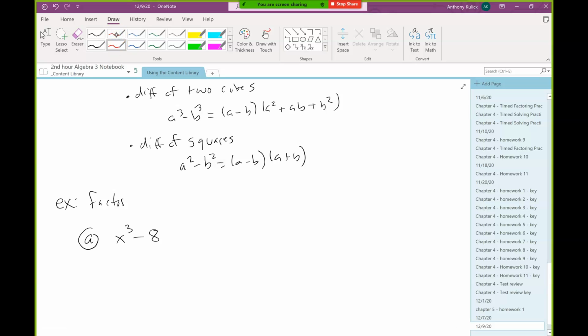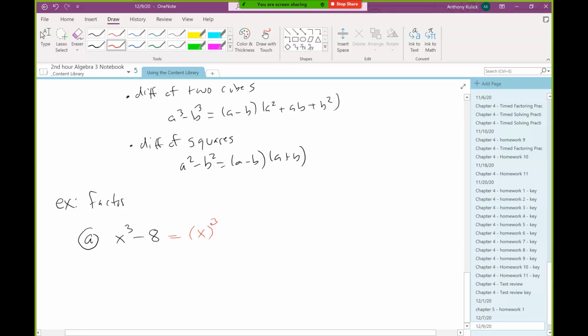Let's say we have x cubed minus 8. Since I see an x to the third, I immediately start thinking maybe I have 2 terms. So I have something cubed and I have just 2 terms. I should immediately start thinking maybe I could do the sum or difference of 2 cubes here. So I'm going to ask myself, is there a way to rewrite x cubed as something cubed?